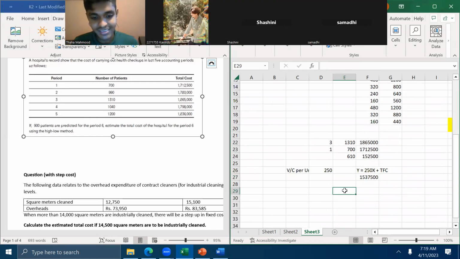So they're asking us to estimate the total cost in period 6 when there are 900 patients. We know that the total fixed cost is this one.